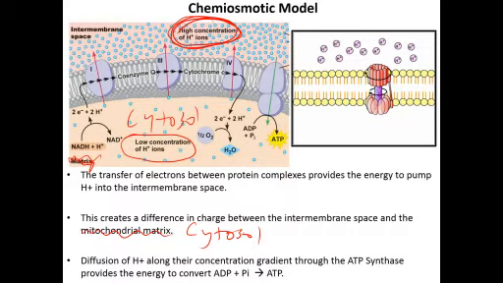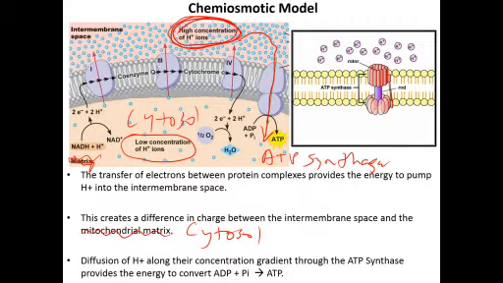Now these protons are going to flow through a protein called ATP synthase. So these protons move through this proton pump, ATP synthase. Notice that here you have this little animation, which is basically demonstrating these protons, higher outside gradient, ATP synthase protein.